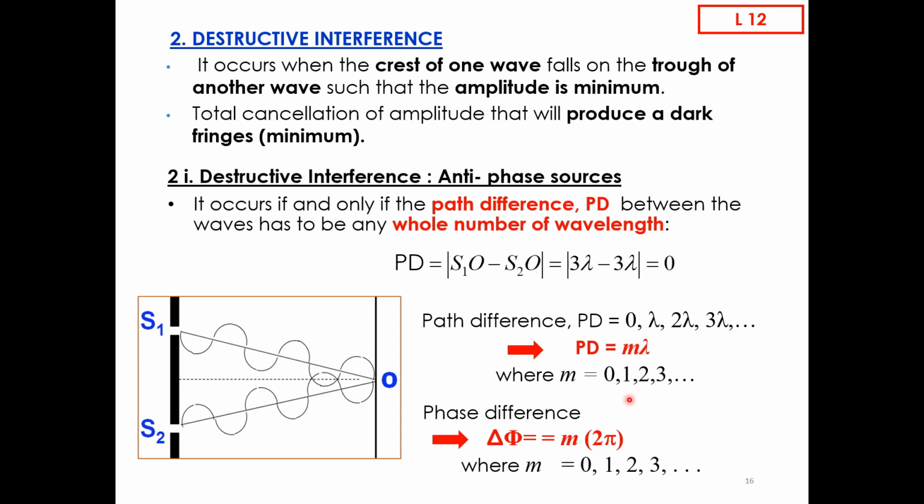If m is 1, our answer is lambda. In terms of phase difference, in terms of pi, delta phi equals m times 2 pi. If the order is 0, our answer is 0. If m equals 1, our answer is 2 pi, and so on.